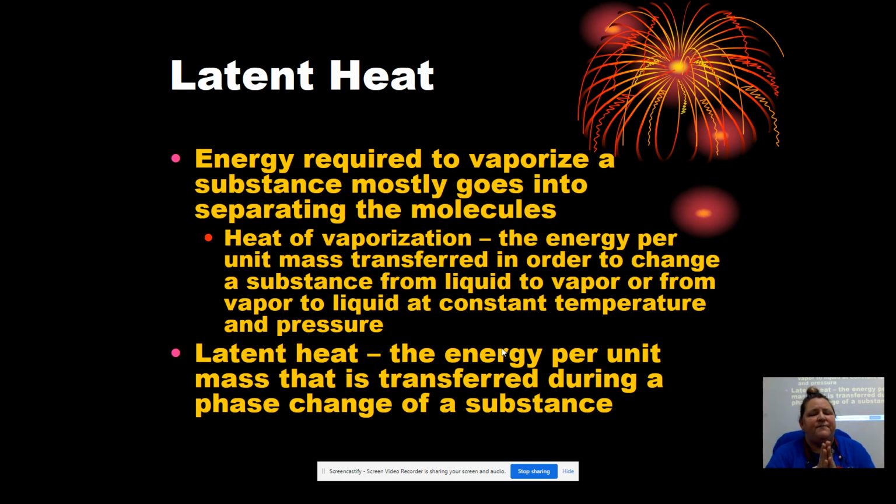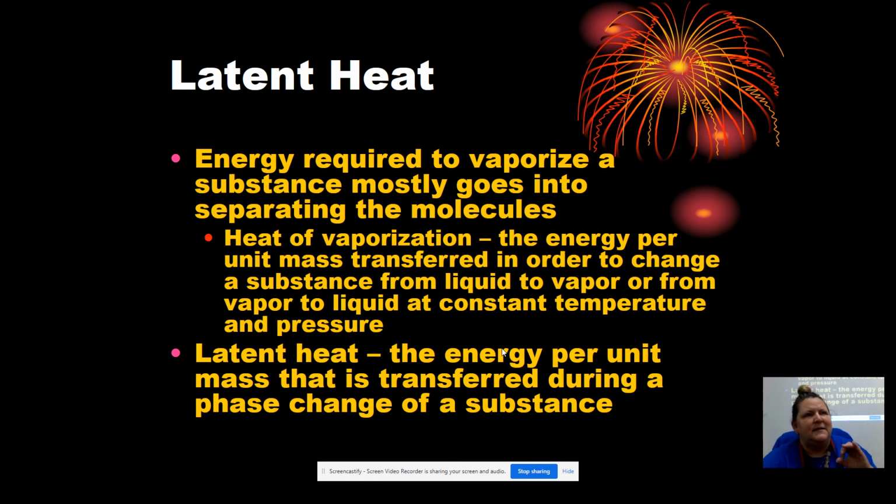Energy required to vaporize a substance, okay, and causes the water to go into separating the molecules. That's the heat of vaporization. So in this case, you're going from liquid to gas. The energy per unit mass transferred in order to change the substance from liquid to vapor or from vapor to liquid at constant temperature and pressure.